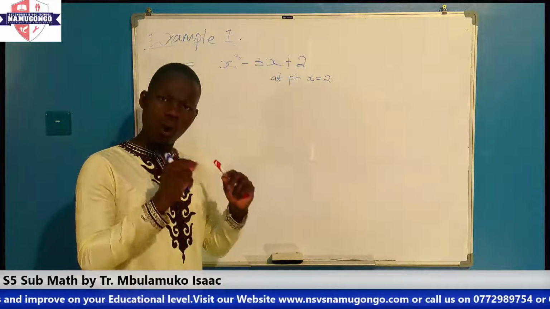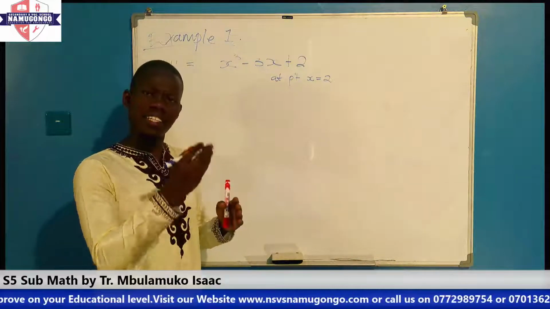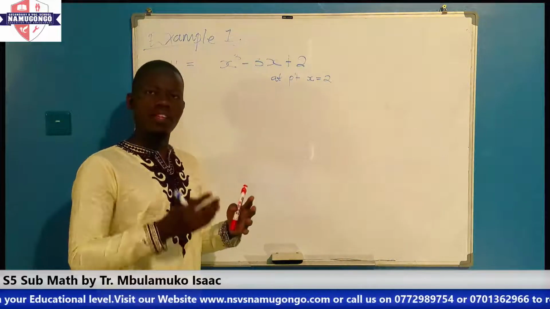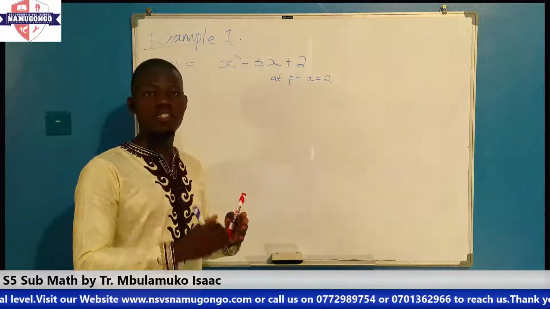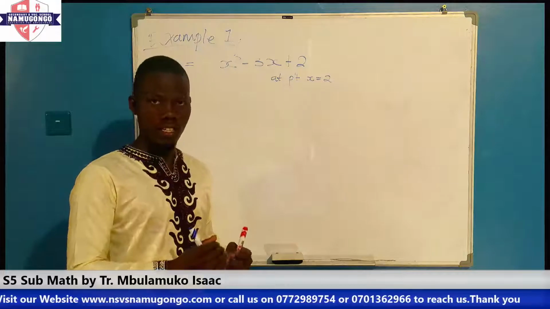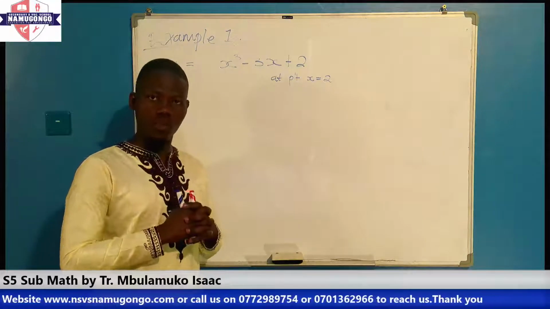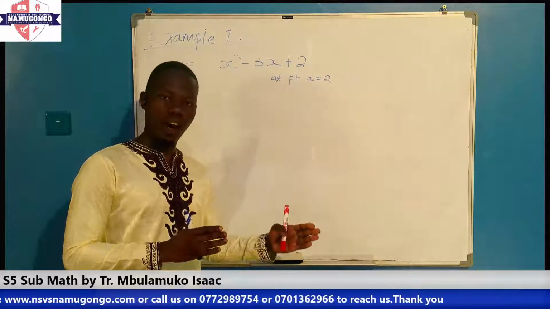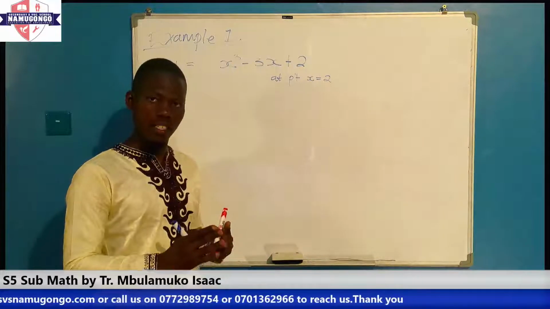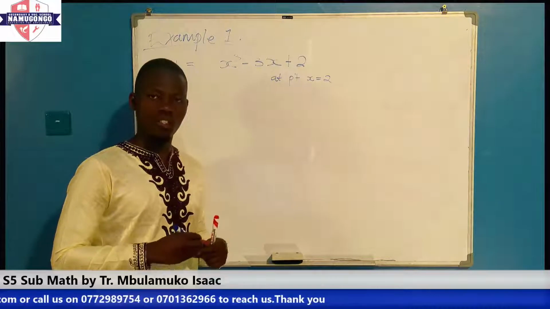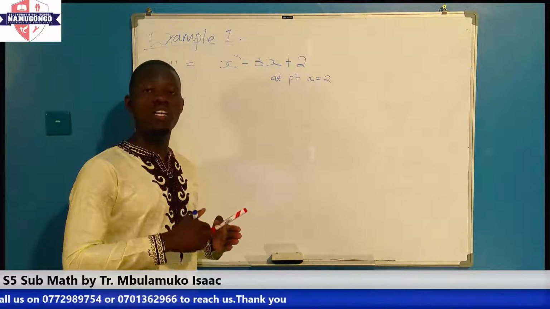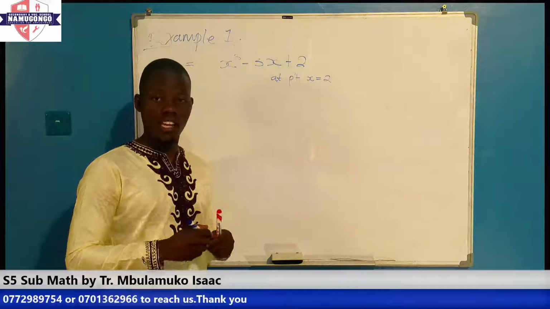So at the point where this tangent touches the curve, the gradient of the curve is equal to the gradient of the tangent. So you just equate the two. Then you will move on to use the equation of a straight line, because we know that our tangent is a straight line.